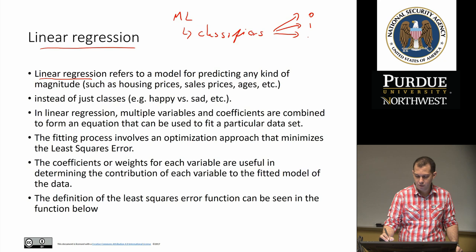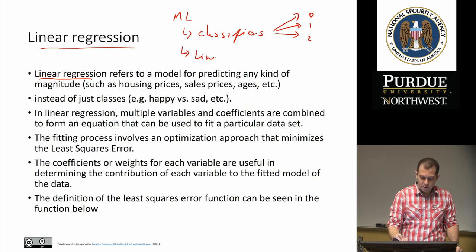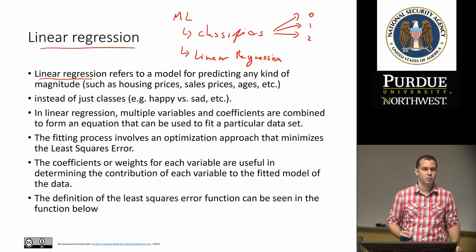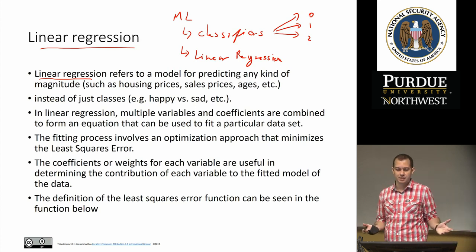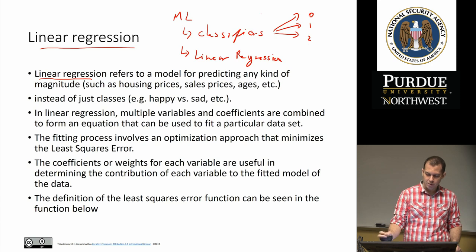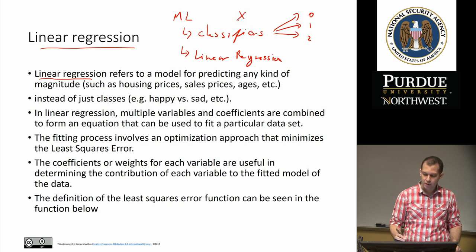For instance, you predict 0, 1, and 2. However, we don't usually associate linear regression with machine learning. Instead we think of it more as part of statistics. But really, linear regression is part of machine learning because it is technically the same thing. Whereas here you give an input vector into a model, and the model predicts the classes.